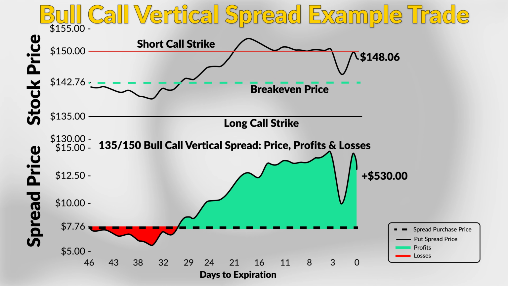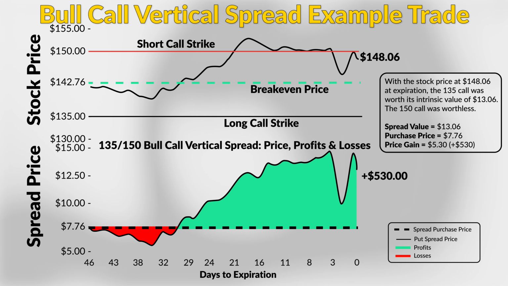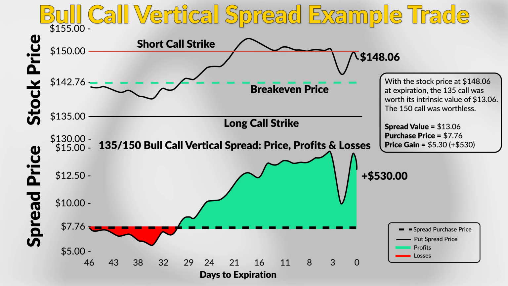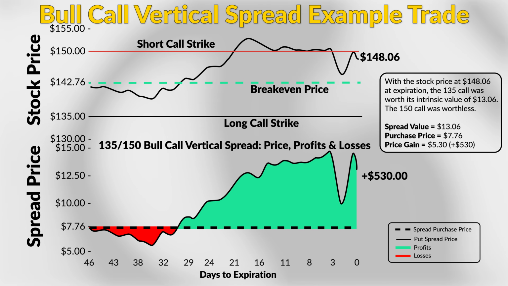At the time of expiration, the stock price was at $148.06, leaving the trade with a profit of $530. But where does this profit come from? If the stock price is at $148.06 at expiration, the 135 call will have intrinsic value of $13.06, while the 150 call will have no intrinsic value and expire worthless.